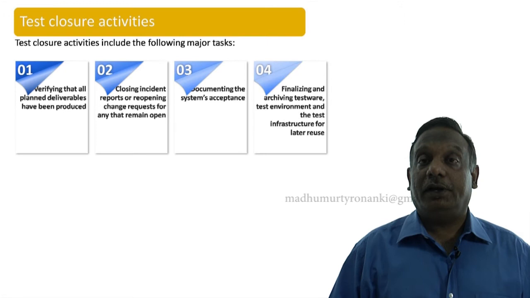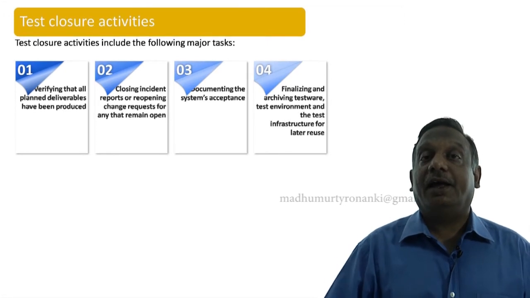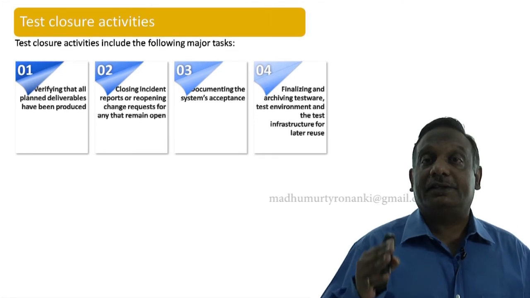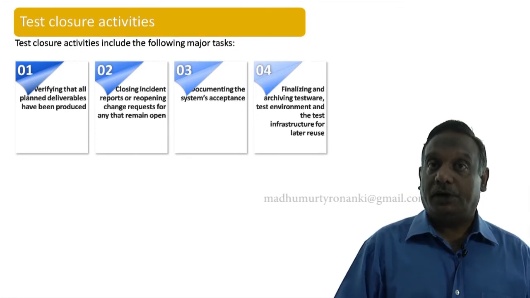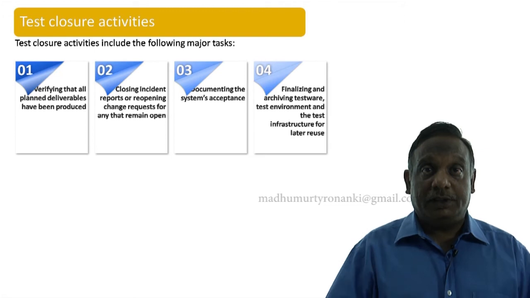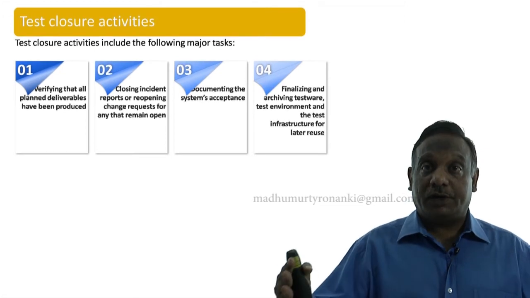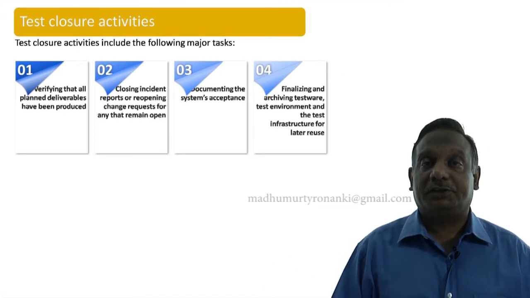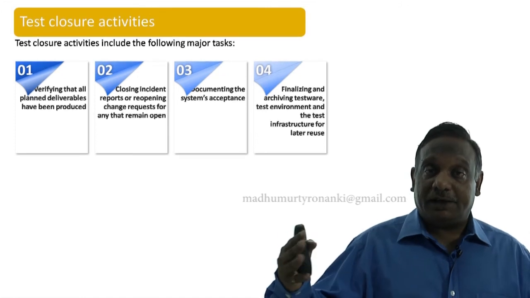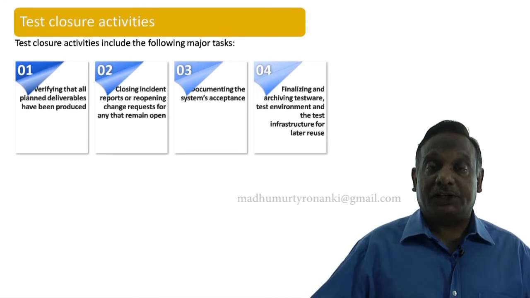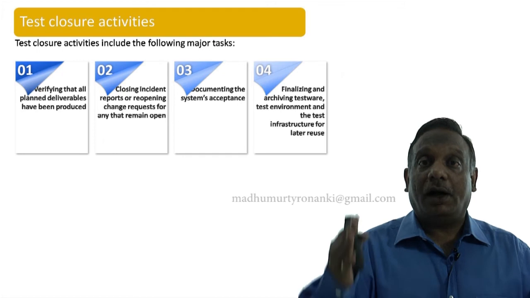Then the fourth one is finalizing and archiving testware, test environment and the test infrastructure for later use. Now the project is completed, but during the process of conducting this project, you have created a lot of artifacts like test procedures, test data, test environment specifications, the infrastructure details. So all of them, archive them.